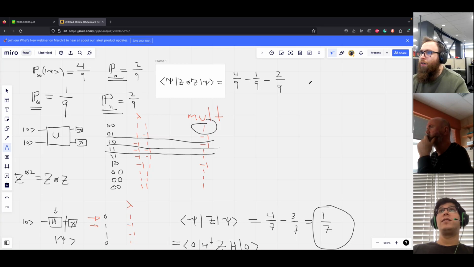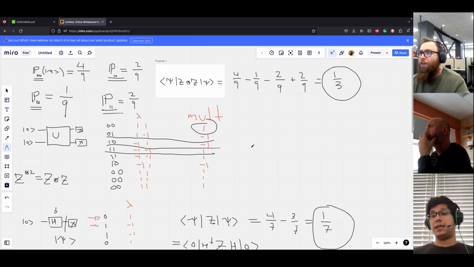That gives us 1. So that means that the sign is a plus sign. And then we do 2/9. And now this should be like, I don't know, 1/3, I guess. And this is the expectation value. For more qubits, we will have more measurement outcomes, and the recipe is exactly the same.